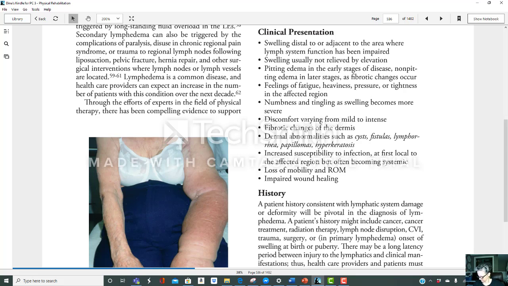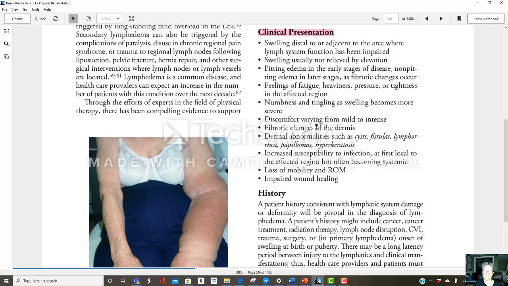Clinical presentation: swelling distal to or adjacent to the area where lymph system function has been impaired. Swelling usually not relieved by elevation. Pitting edema in the early stages of disease, non-pitting edema in later stages.